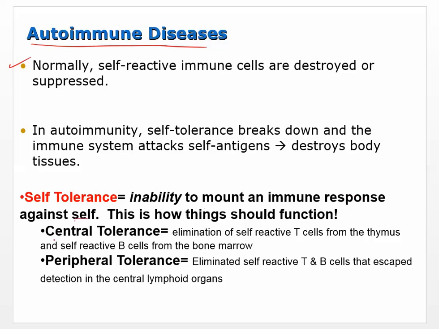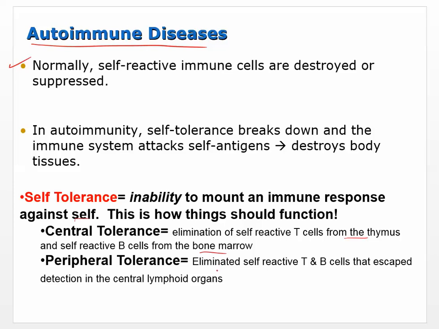Now this could happen: central tolerance, peripheral tolerance. Central tolerance just means that you're eliminating them in the thymus and the bone marrow. Peripheral tolerance, a lot of times these immature T cells will move out, and we do have a sort of backup plan where these can be eliminated later on.